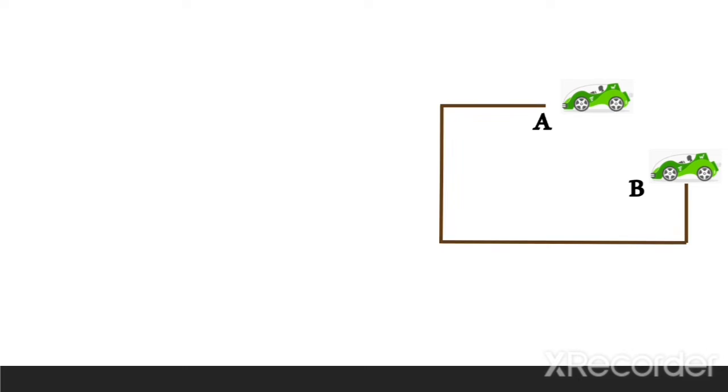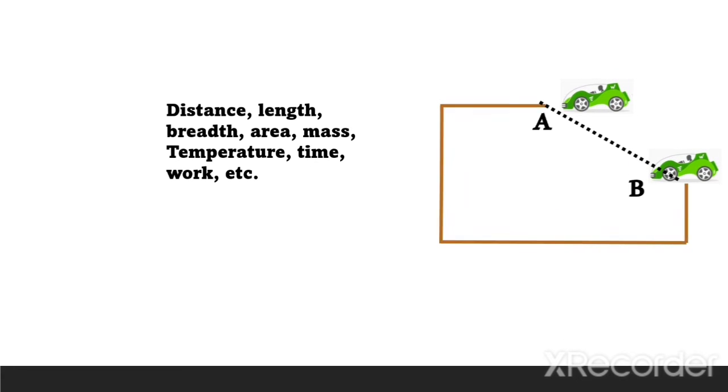And the displacement is the shortest distance between the initial and final position, so this dotted line represents the displacement of the car. The displacement of a car is a vector quantity and the distance of a car is a scalar quantity.